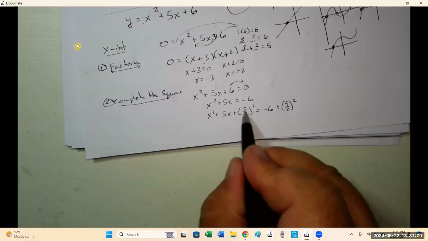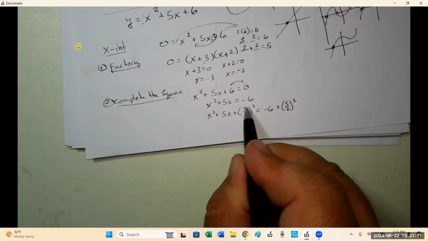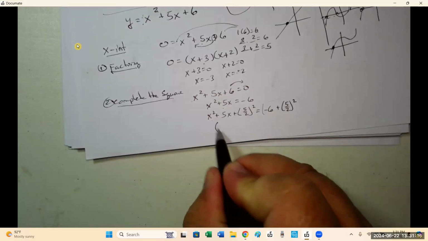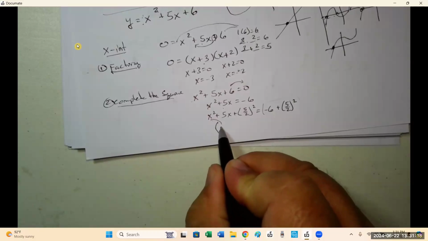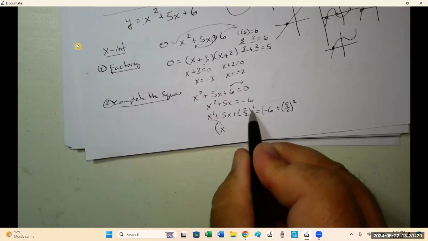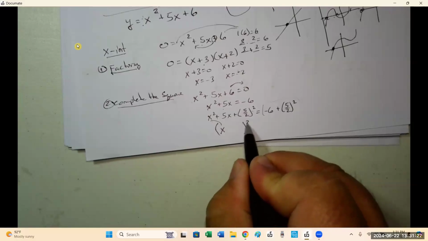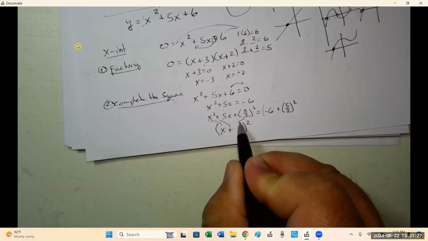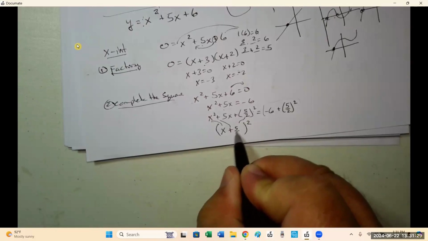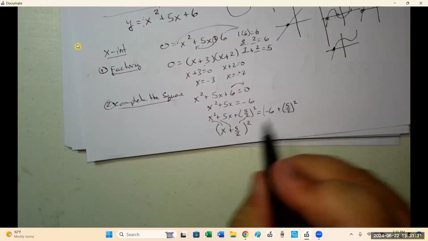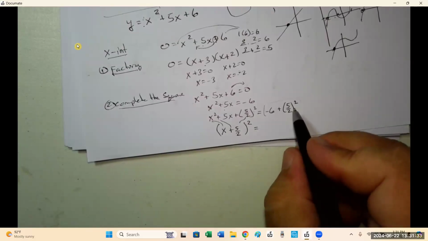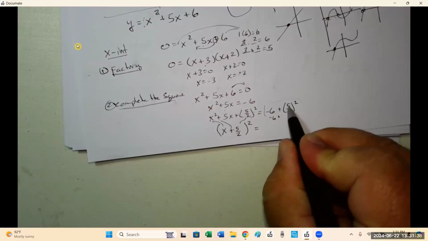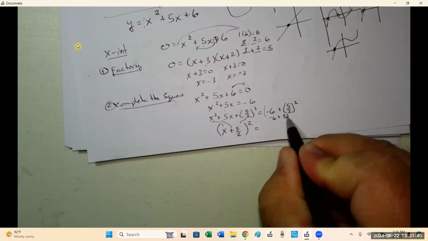Since we can't do anything on the left side, we can only do what's inside the parentheses. On the right side, we have to work it all the way out. Take the first term, whatever's under the square goes inside this parenthesis, take the first sign and whatever's in the second one. So that's -6 plus 25 over 4.